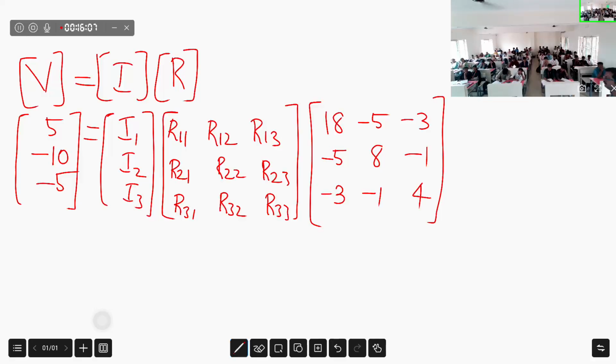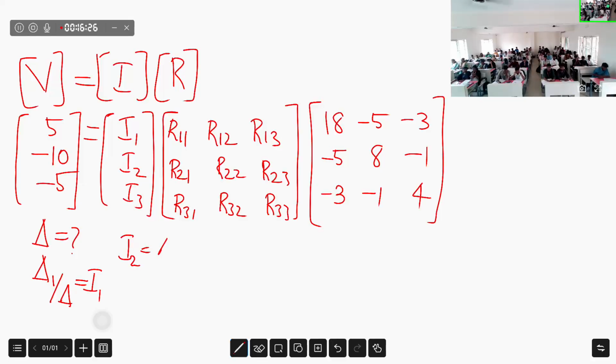Similarly, I2 is equal to del 2 by del, and I3 is equal to del 3 by del. Okay? So try to find out as in your nodal analysis problem. Find out the determinant value of this matrix first, which gives you the del value. Check what value comes and tell me quickly.